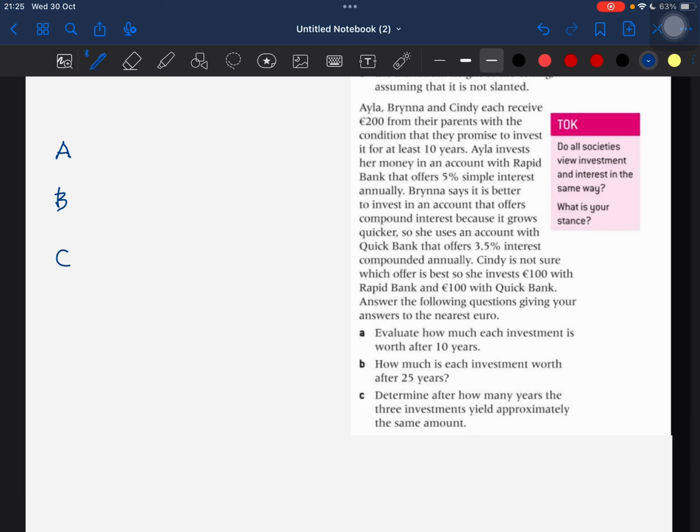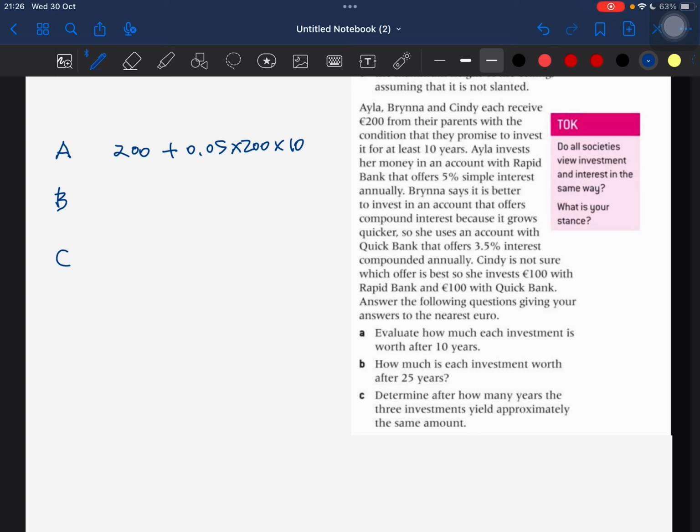Each of them has 200 pounds. So Alia invested her money, so this has 200, Rapid Bank, 5% simple interest. So she will get 5% of 200, 10 times, because she will leave it there for 10 years.